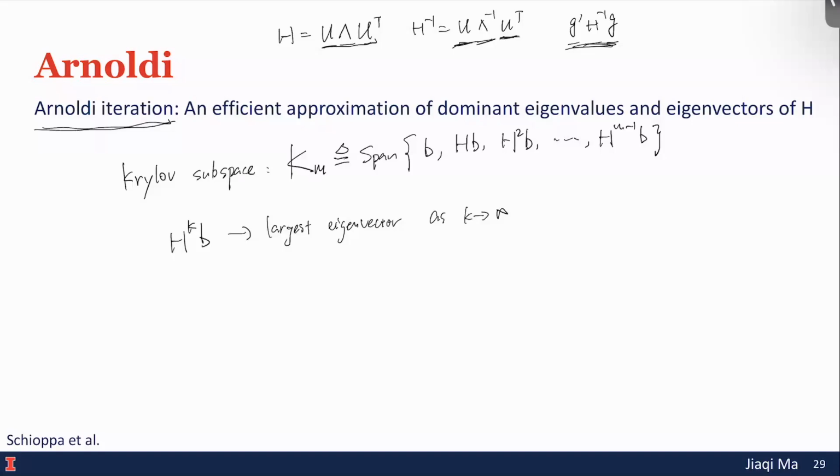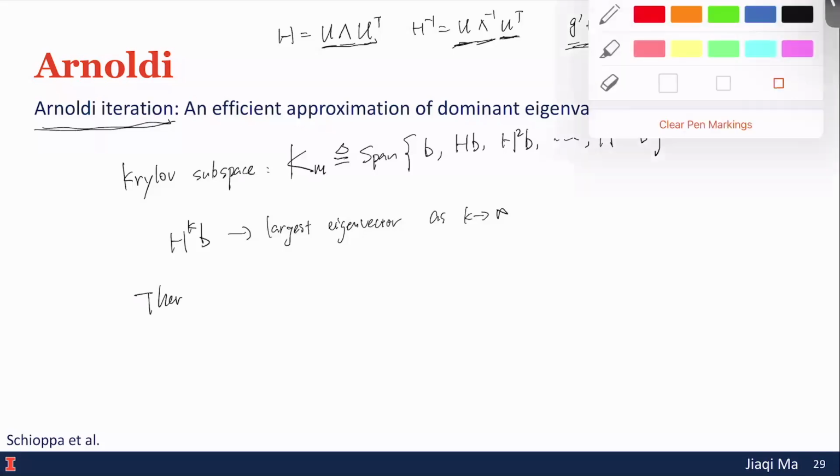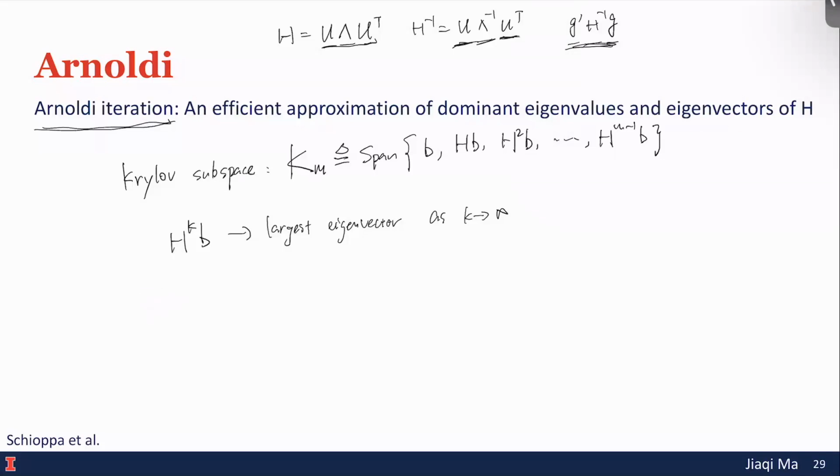The idea of Arnoldi iteration is that the orthonormal basis of K_m can be a good approximation of the top eigenvectors.